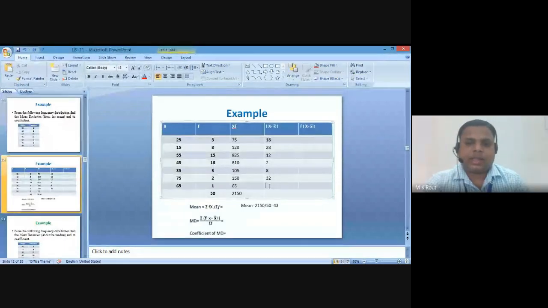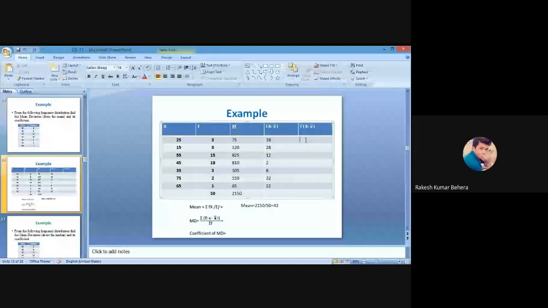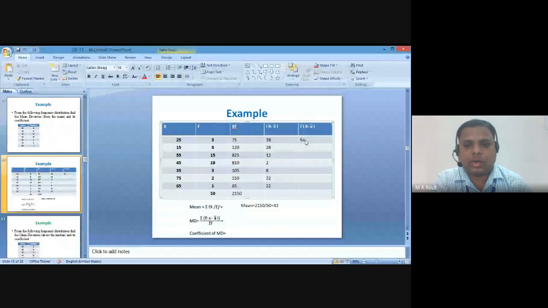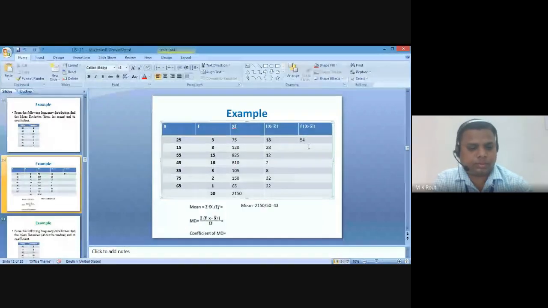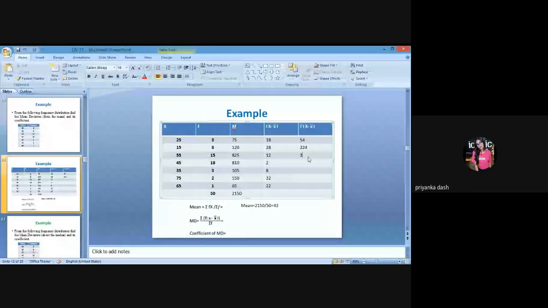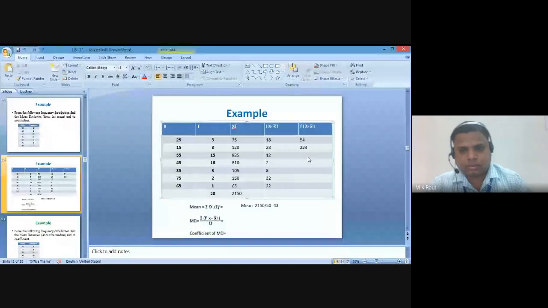Then the next step is to multiply with frequency. In the next column, multiply the second column into the fourth column. Frequency given 3 into 18. How much? 54. Moving to the next one, 8 into 28. 224. Next, 15 into 12. 180.